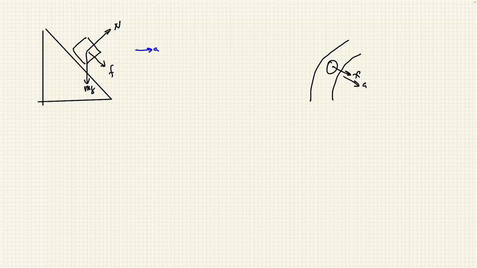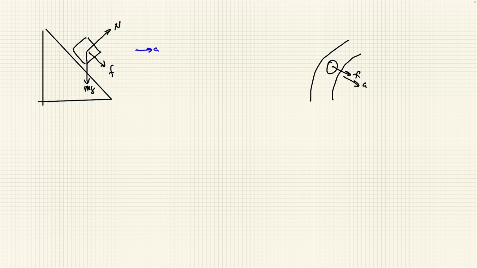And yet, how many of you were ready to swear up and down that when you turn to the right, there's something that pulls you to the left? Why would you think that? Because that's what happens.